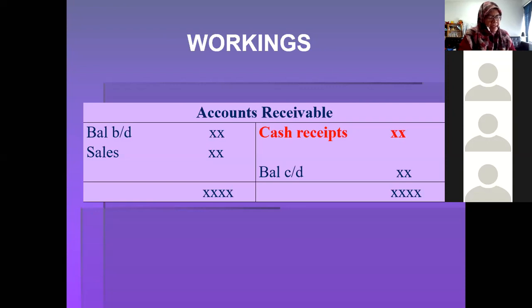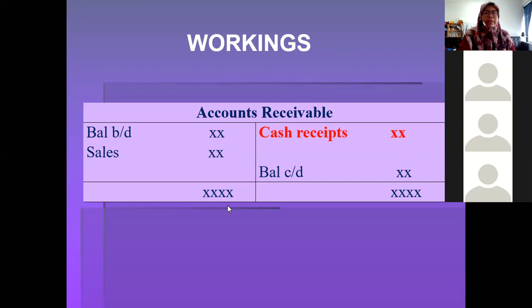The ARC balance BD here is 90,750, which you get from SOFI. The balance CD is from SOFI this year, 74,1,000. And then we debit sales. We assume that all are on credit. So AR.